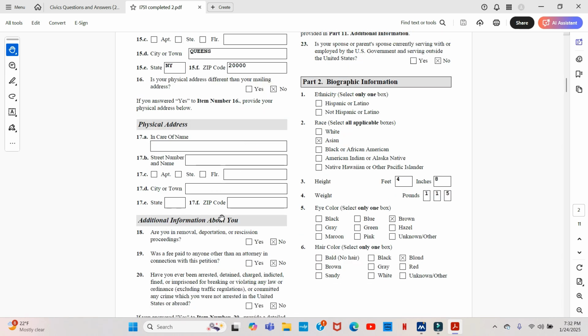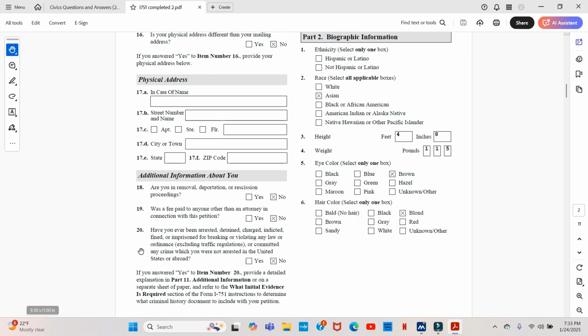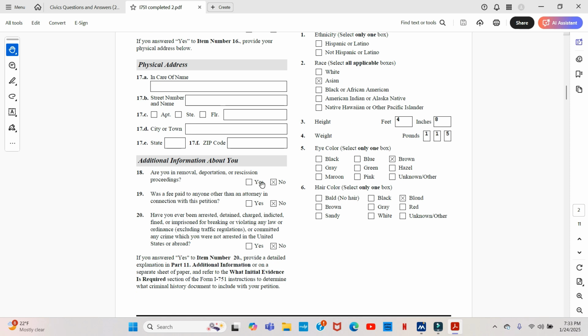Additional information about you. Are you in removal, deportation, or rescission proceedings? Select what's applicable to you. So you need to read all these questions and select the applicable yes or no answer here.